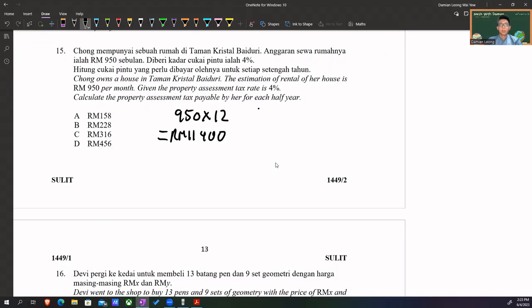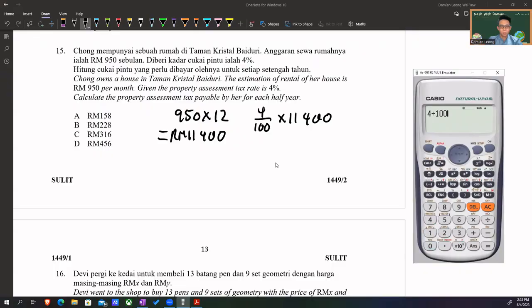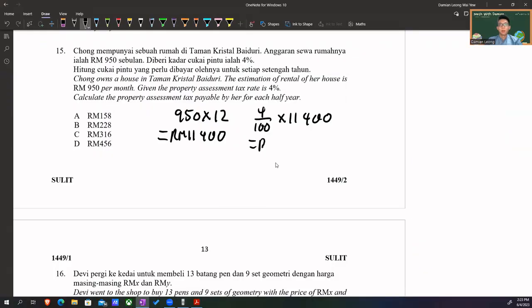Then property assessment tax is 4% of that. 4% of 11,400 is 456. But 456 is for one whole year. So for half a year I have to divide by 2. So 228. Yeah, answer B.